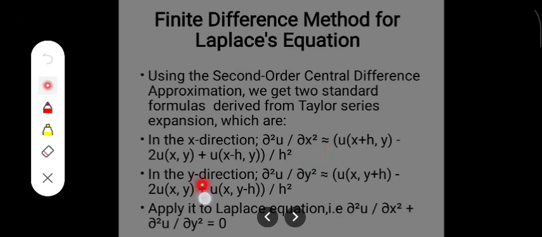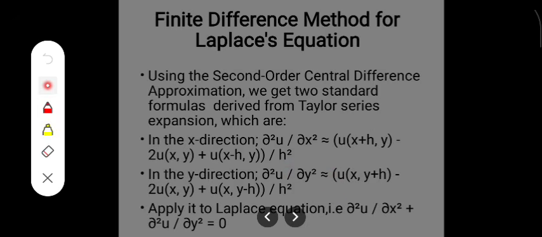And in the y direction, we have del square u over del y square, approximately equal to the function u at x comma y plus h, minus 2 multiplied by function u at x, y, plus u at x comma y minus h, all divided by h square.